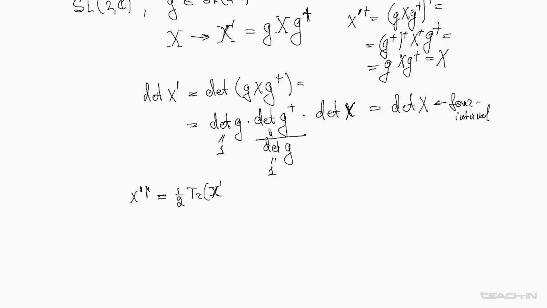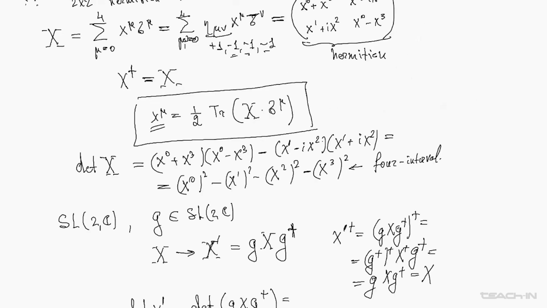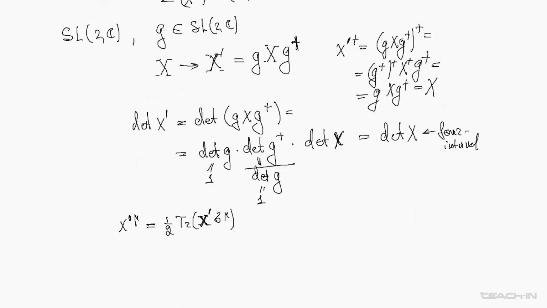This is the way of restoring back x mu from Hermitian matrix X. And so transformed coordinates will be restored via transformed matrix X in this way. And then we can substitute here explicitly what X prime is. So this is G x G dagger sigma mu, like this.